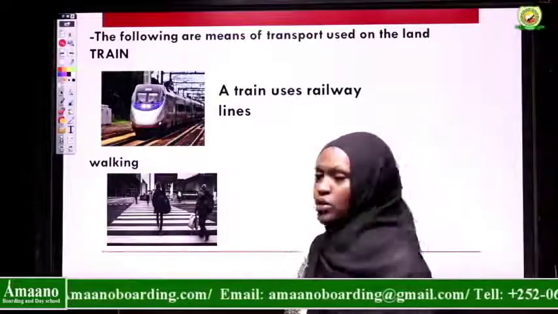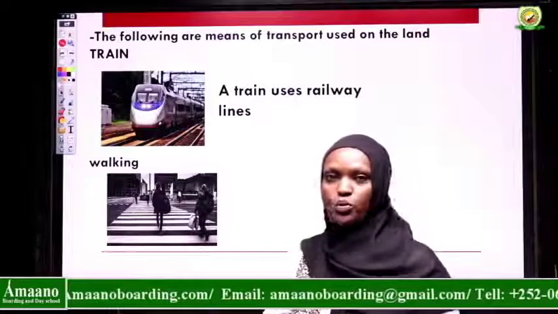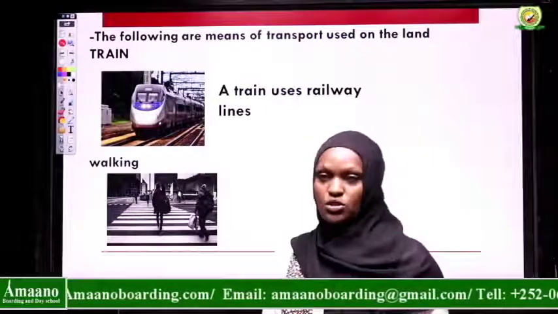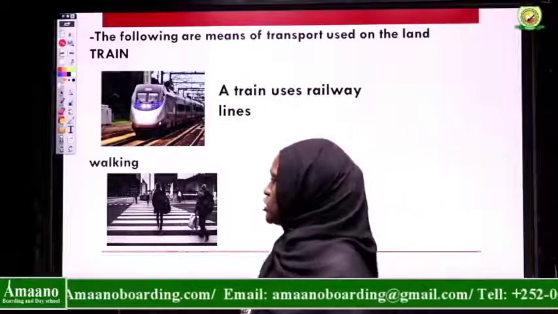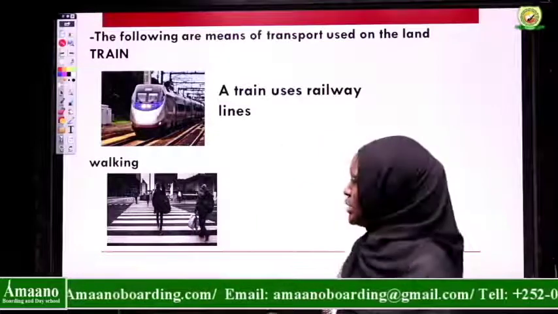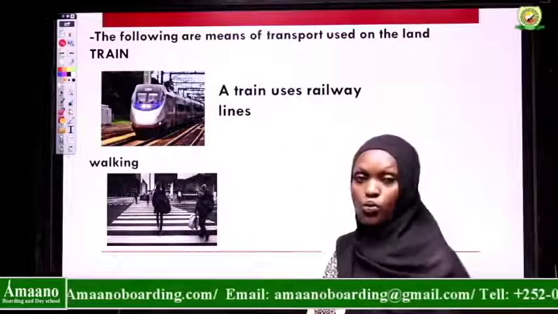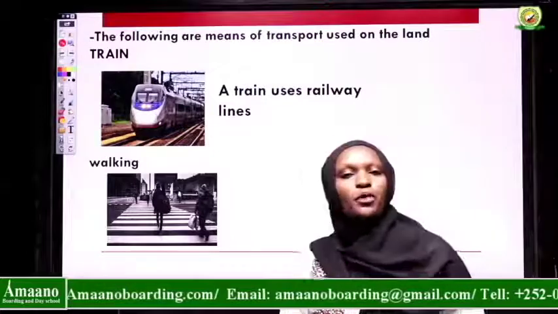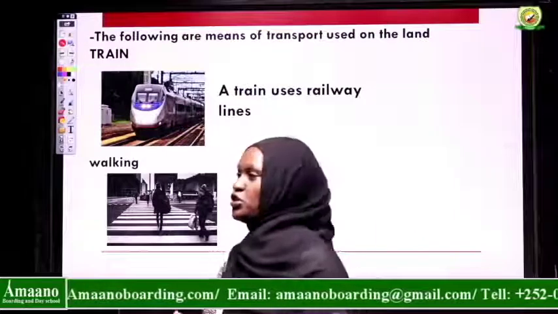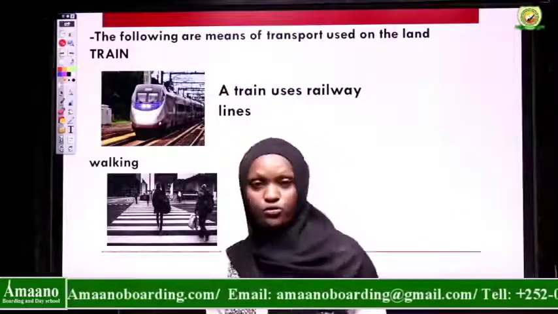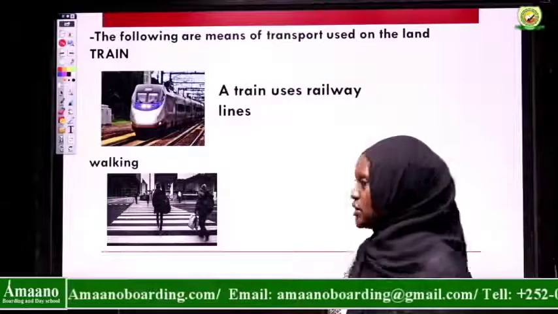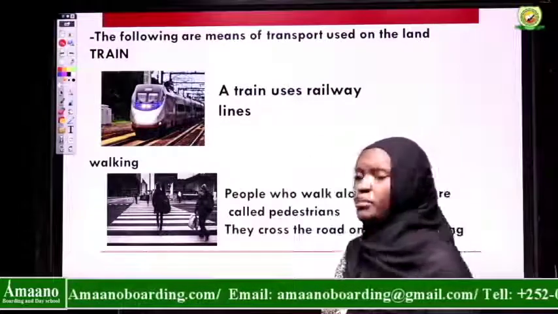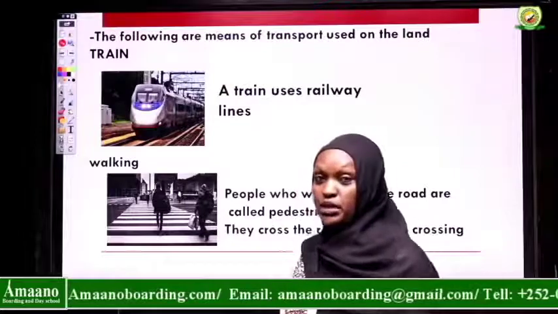Commonly, when you want to go to the shop, you have to walk. You don't need any means there, you just walk. This is commonly used in our district. The people who walk along the road, you don't use anything, you just walk by foot. We call them pedestrians.